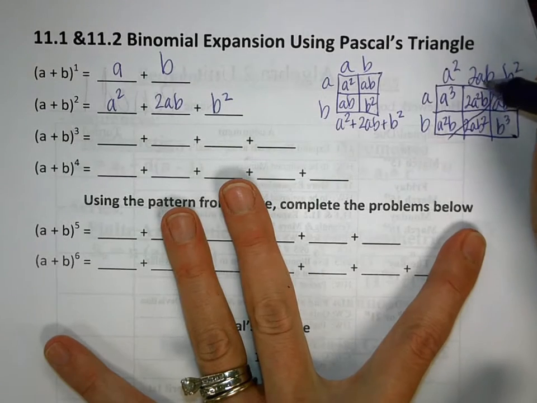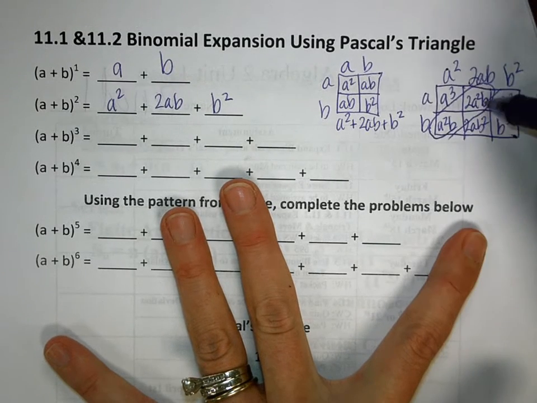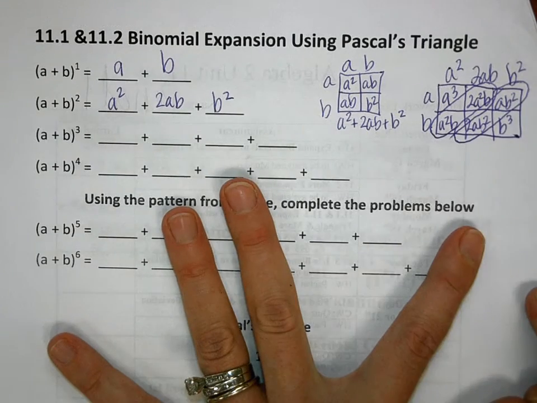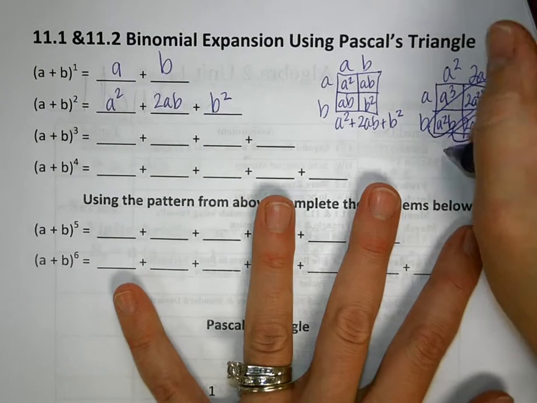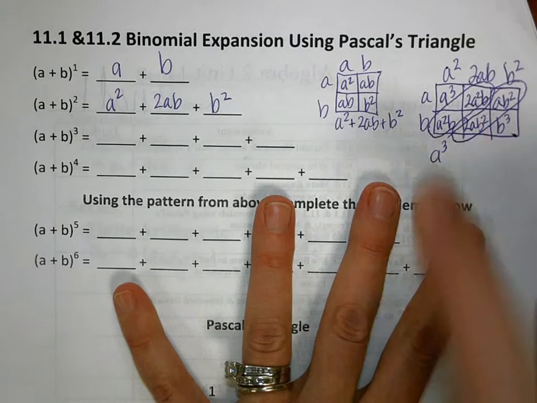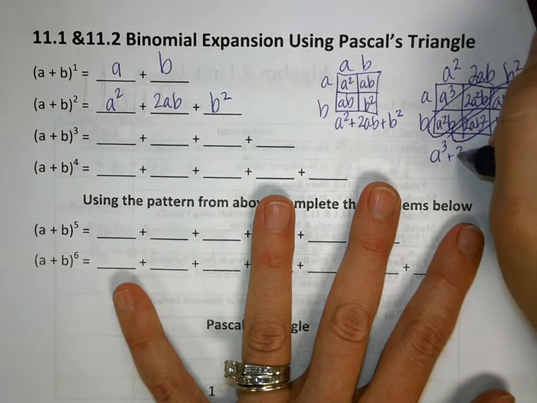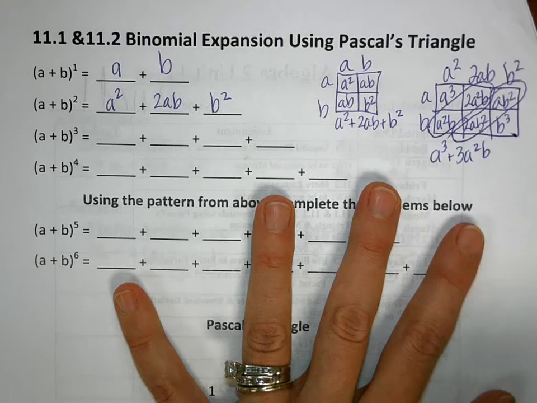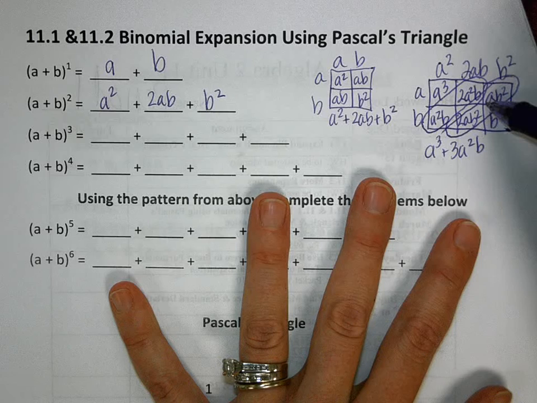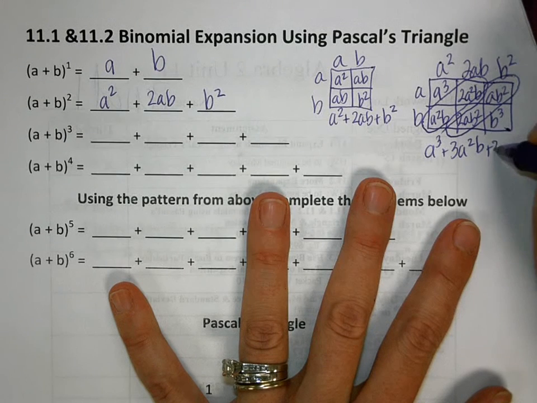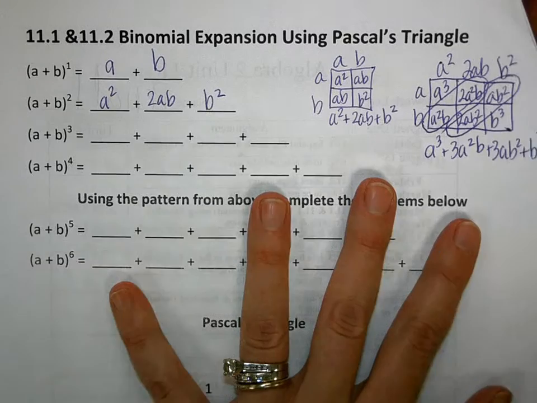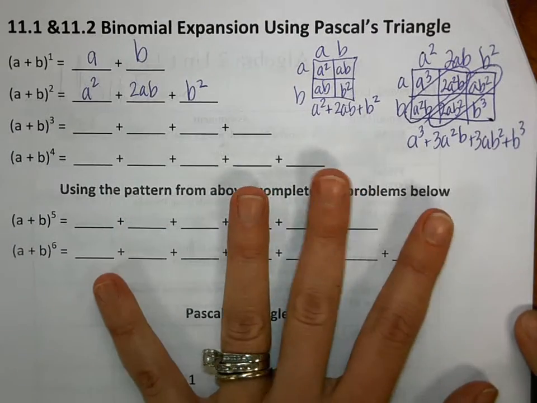So these are both a squared b terms, and these are both ab squared terms. When I write that answer, I get a to the third, and then 2 and 1 makes plus 3a squared b, and the next one is 2 plus 1, so plus 3ab squared, and then plus b cubed, b to the third power.